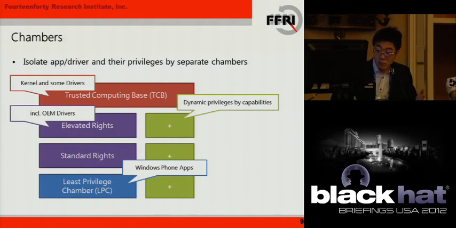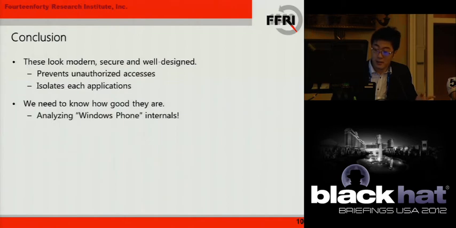A pure chamber model is good for security, but not so flexible. So Windows Phone 7 gives additional permissions declared by capabilities. This will secure the device and keep the application model flexible. In conclusion, these security features look modern, secure, and well designed. It looks great. So the only thing we need is to know how good they are. We need to analyze the system if we want to know how good they are.